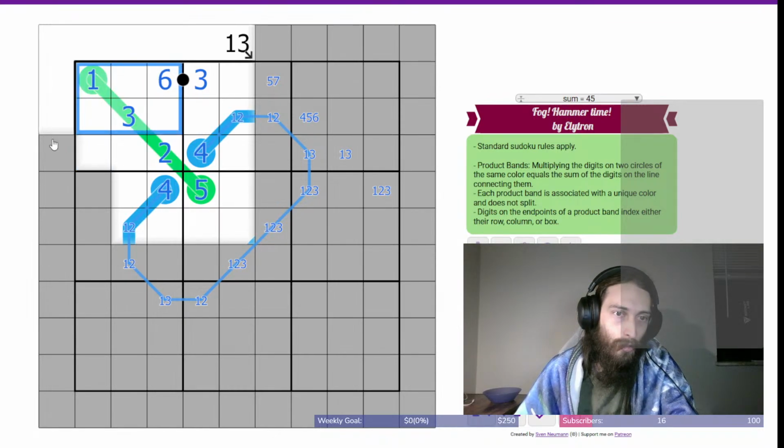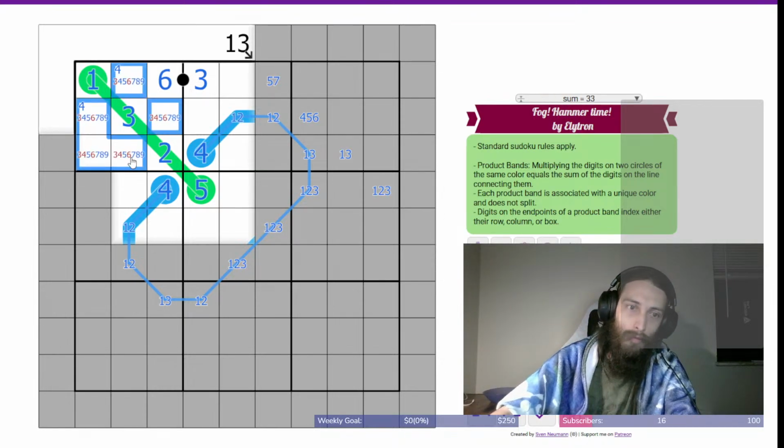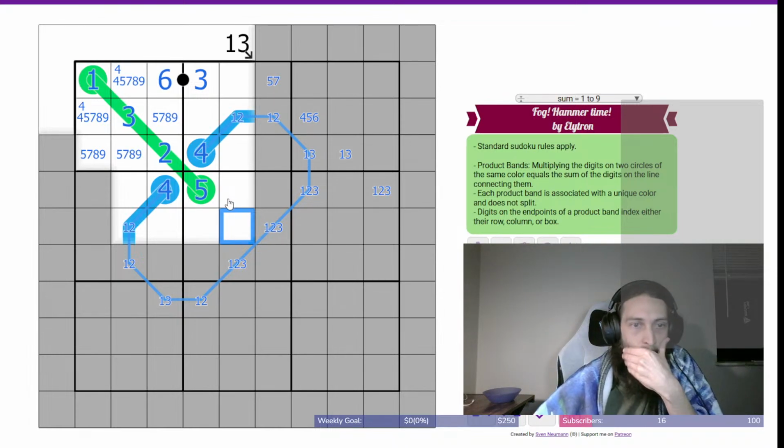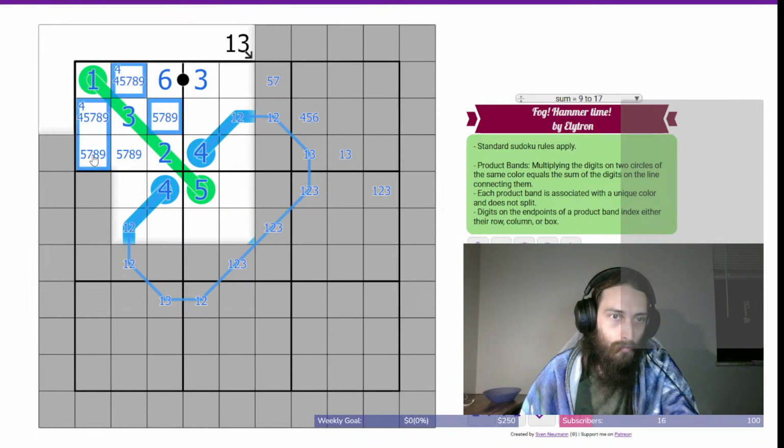Where can 4 go in here? Not there, not there. One of those two is 4. 1, 2, 3, and 6. None of those are 4. Doesn't feel helpful.